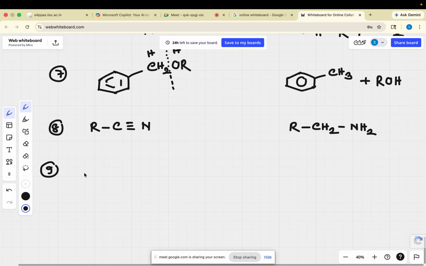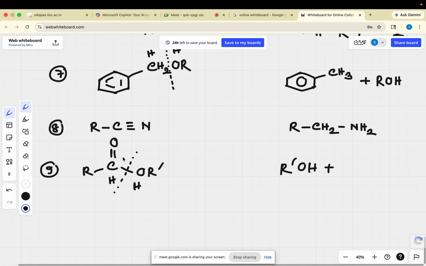Number 9, suppose you have this ester, RC double bond OR dash. What will you get if I do hydrogenation of ester? First of all, you have to cleave this carbon bond, so attach one hydrogen here, one hydrogen here. Ultimately you are getting alcohol R dash OH plus aldehyde.